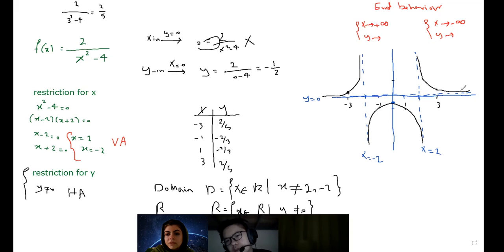See the y going toward what number? 0, right? When x goes to negative infinity, you're at this end, right? Y goes to, again, 0. Both of them are 0 positive because you're going above.